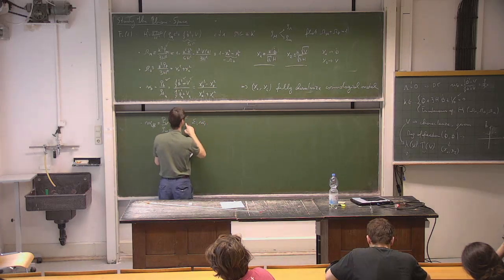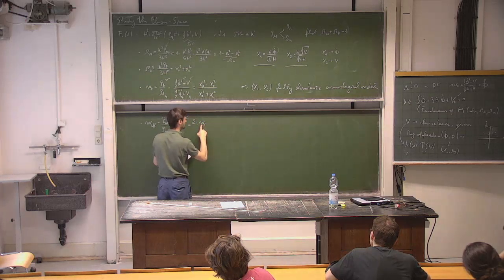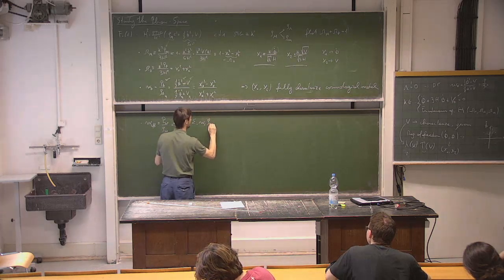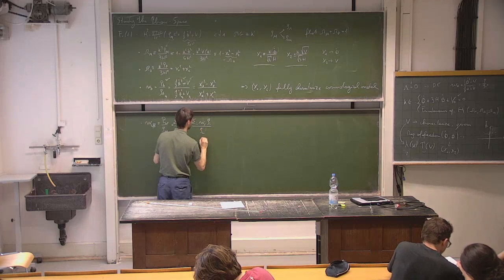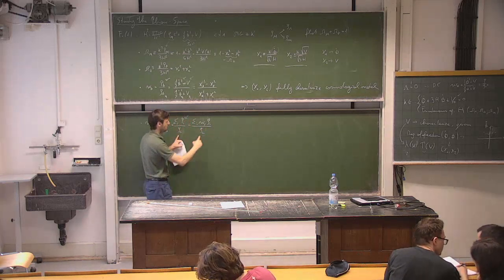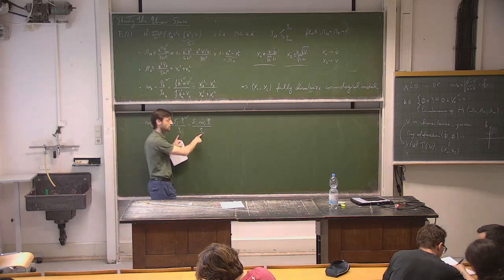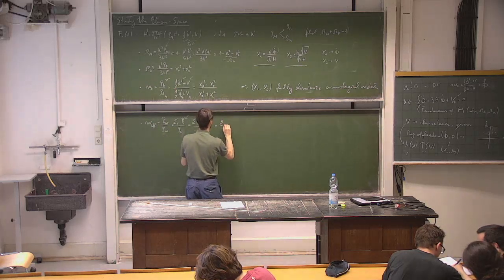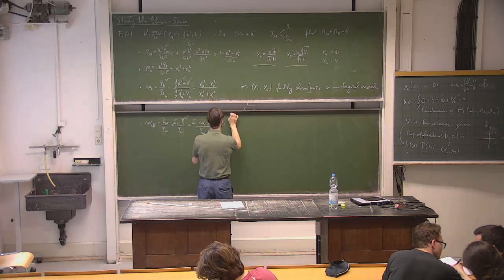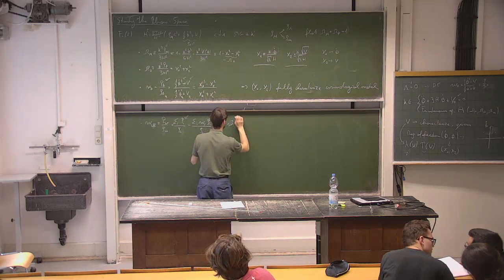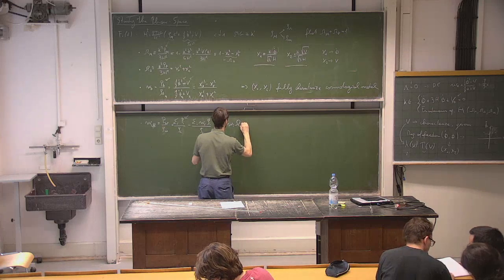Therefore, pressure is going to be given by the equation of state of the given component times the density of that component divided by rho c. What is rho i over rho c? Well, that's the density parameter omega. Therefore, this is going to be the summation over i of w_i times omega_i.